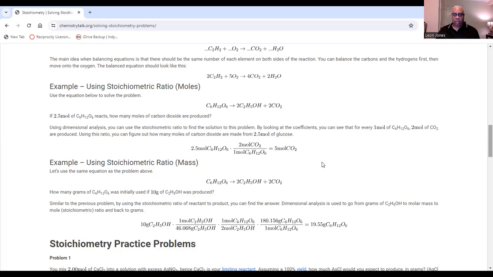Now, the same thing, when I tell you about grams, we're dealing with mass now. So the equation is already balanced. So how many grams of glucose was initially used if 10 grams of C2H5OH were produced?